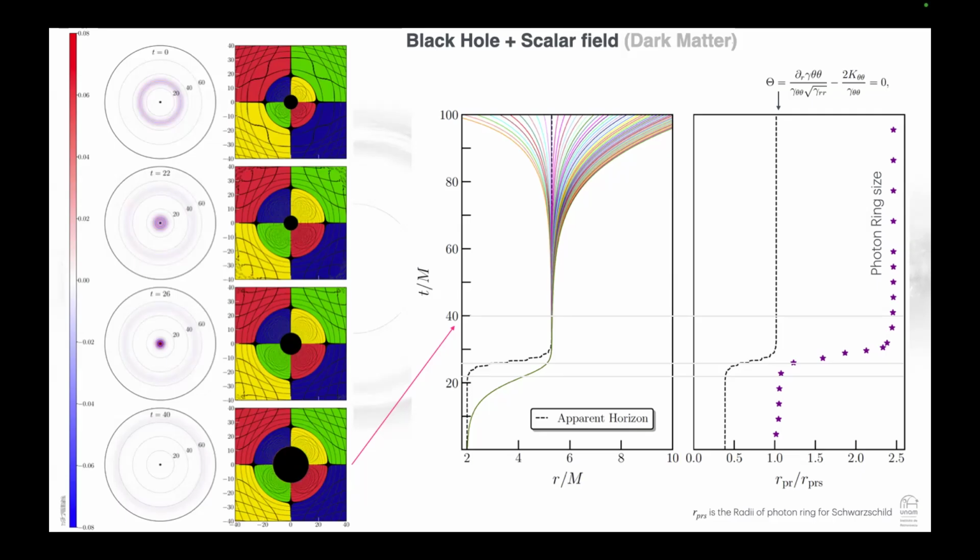From previous results, we have some observational constraints from other observations that the mass of the scalar field should be 10 to the minus 22 electron volts. We can maybe introduce this by introducing the mass. And then we can also model different potentials of the scalar field. So we have a lot of things to do here.